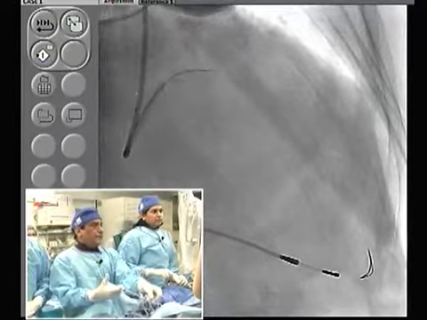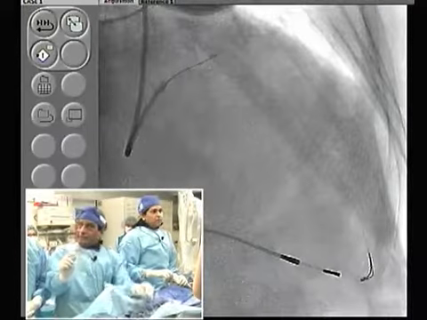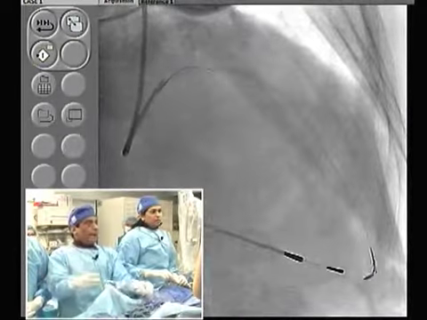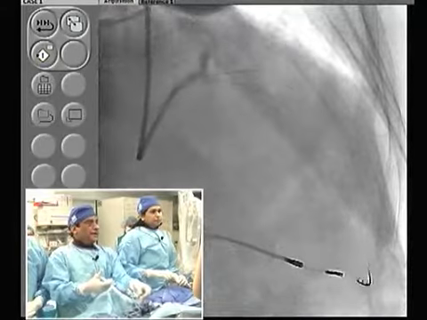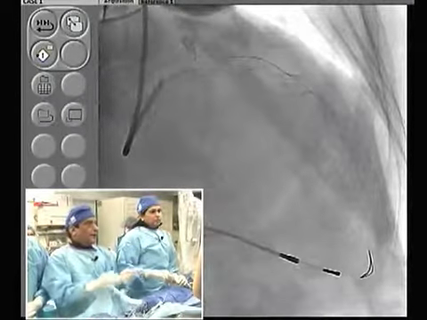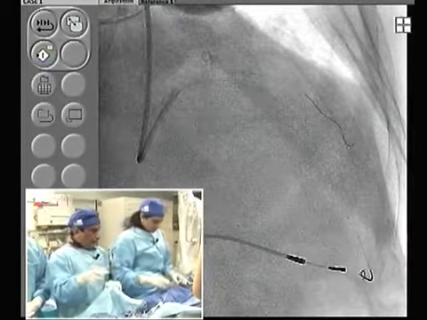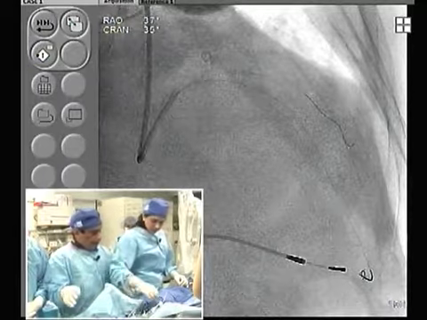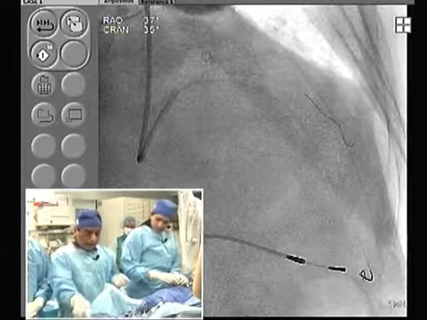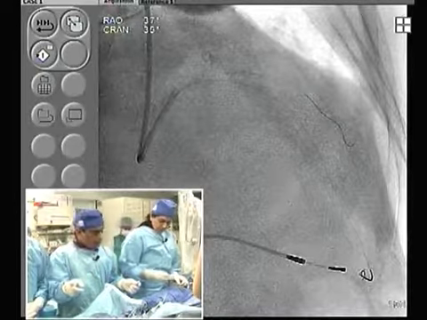Although with isolated discrete lesions, even 80-85%, you may see an FFR of 0.9. With multiple lesions, and with the experience we have gained, I can tell you this case will have a very significant FFR, maybe 0.6, 0.7, in both the LAD and the RCA.